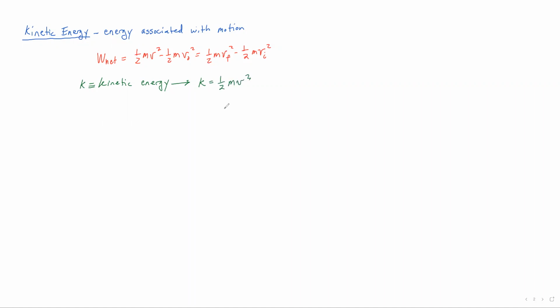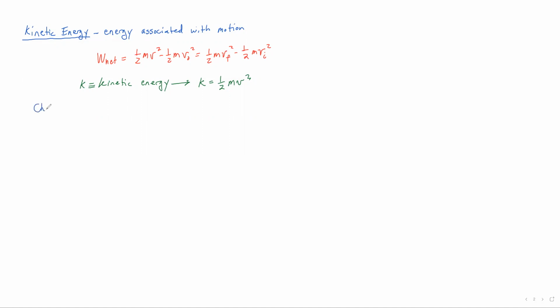So I'm going to call kinetic energy 1/2 mv squared. Now, before I do that, let's make sure my units work out, because W net and kinetic energy are both energy. Work is energy. So I should get the same units of energy for kinetic energy if I'm correct in my analysis here.